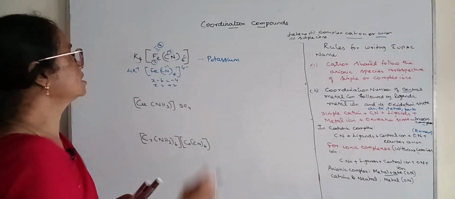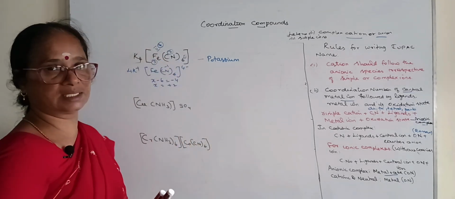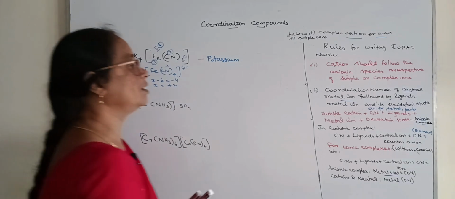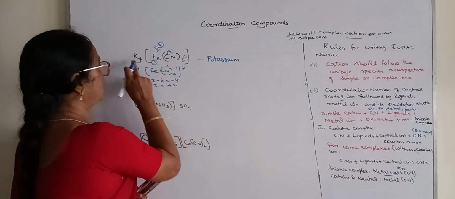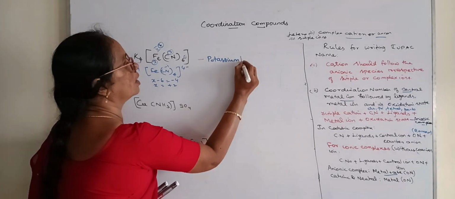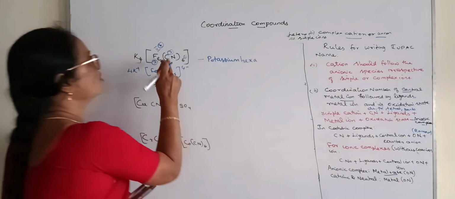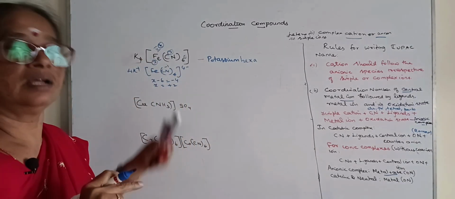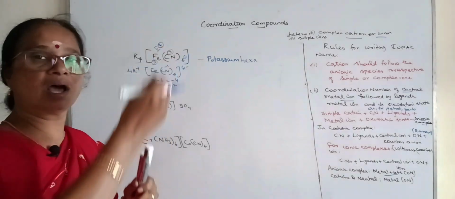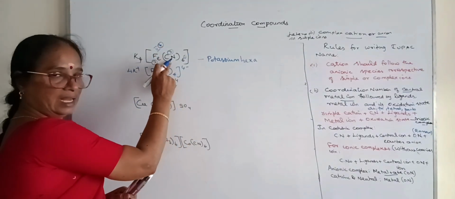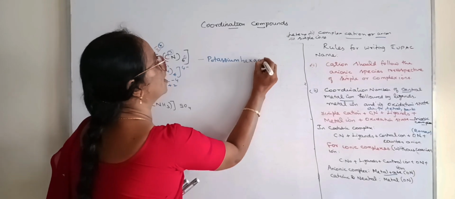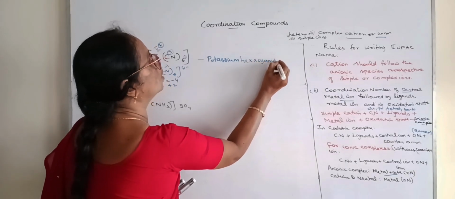So what is its coordination number? 6. For the numeral 6, the prefix is hexa. So we take potassium hexa. And what is the type of ligand? Negative. Negative ligands always end with the suffix O. So it is cyanide, and the name is given as hexacyanido.